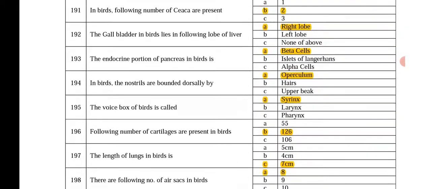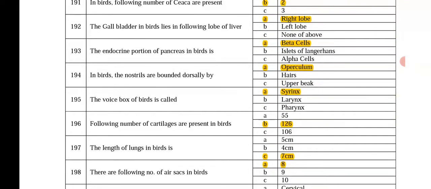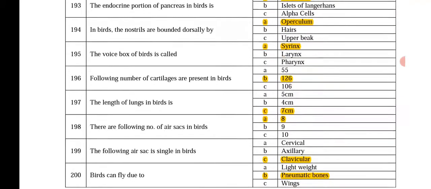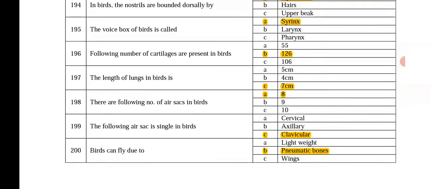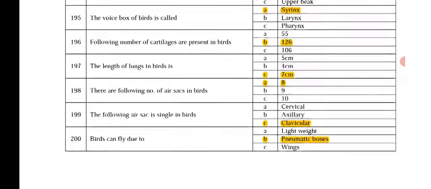The voice box of birds is called syrinx. Following number of cartilage are present in birds: 126. The length of lungs in birds is 7 cm. There are following number of air sacs in birds: 9. The following air sac is single in bird: clavicular. Birds can fly due to pneumatic bones.